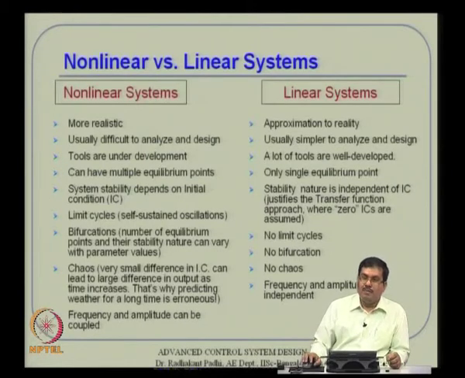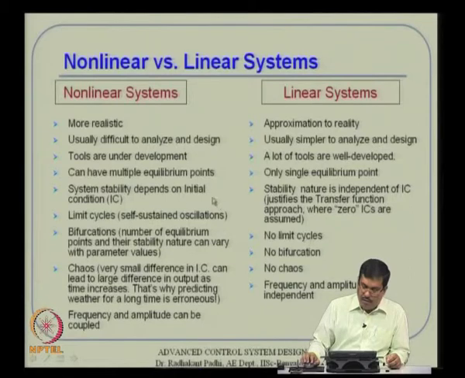Very typically, we assume 0 initial conditions for all system variables and their derivatives. This is the reason why we do that, because the system stability nature is independent of initial conditions. So, we put 0 to make our life simpler and then proceed further. But same thing we cannot do for nonlinear system, because nonlinear system stability behavior depends on the initial condition.